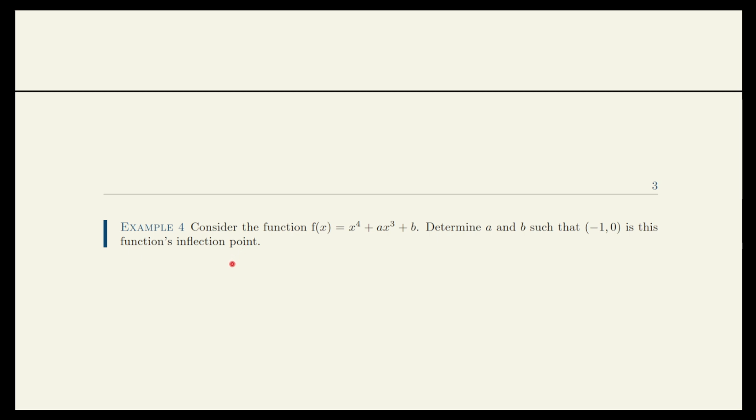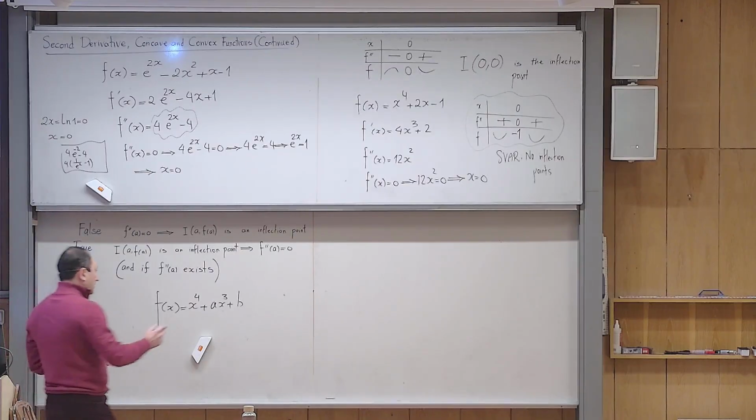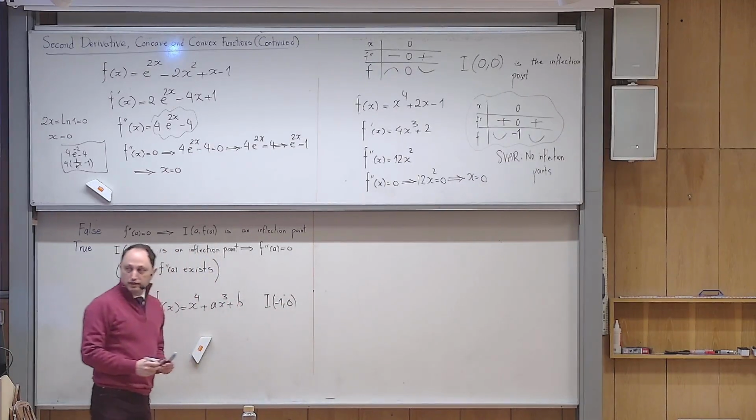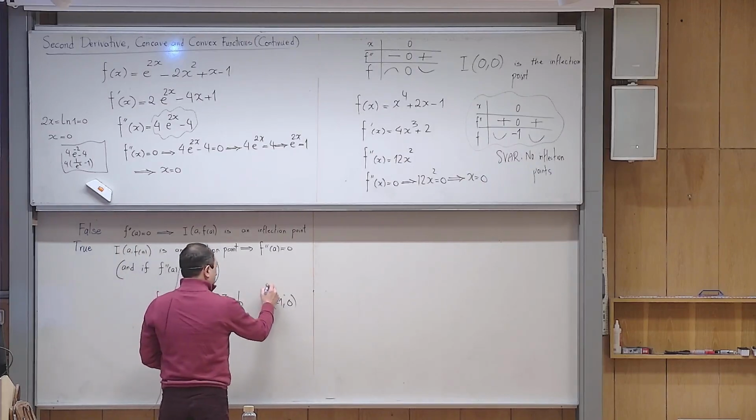Okay? So, in principle, they are telling us that this function has an inflection point. You don't need to be worried about that, yes? So, this means that the point with coordinates -1 and 0 is an inflection point.